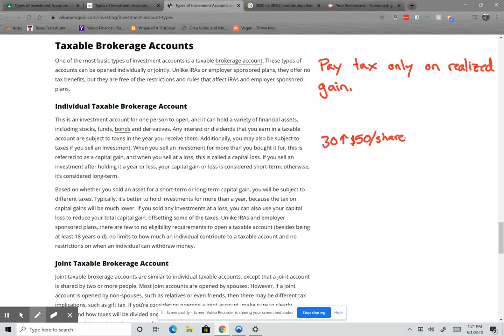When I choose to sell AT&T at $50 a share, I bought it at 300, sold at 500. So realized gain is 200. So I would pay tax on that $200.